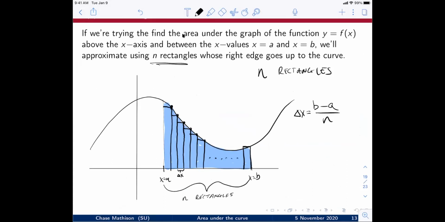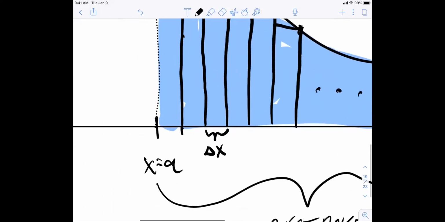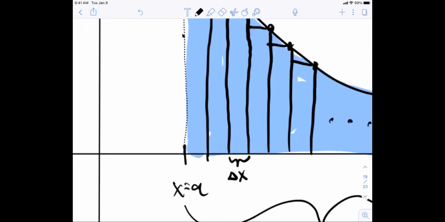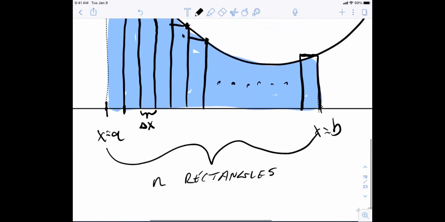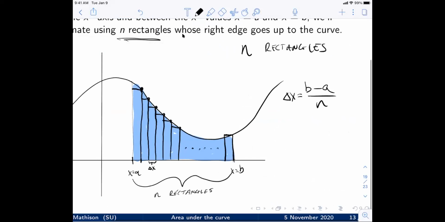So then the only other thing I need to know is the height of the function at each of those right endpoints, right? Well, if this is x equals a, then what is this point here? The next point over. Perfect. The next point over is a plus delta x. So that means this point here is going to be f of a plus delta x.